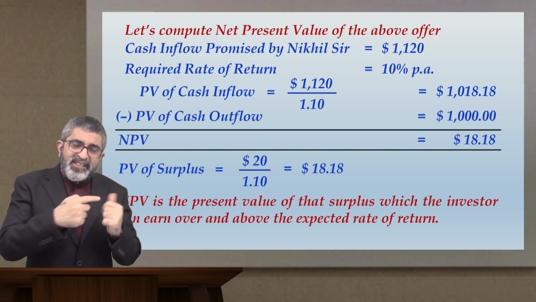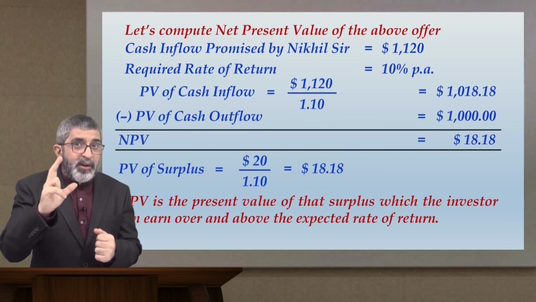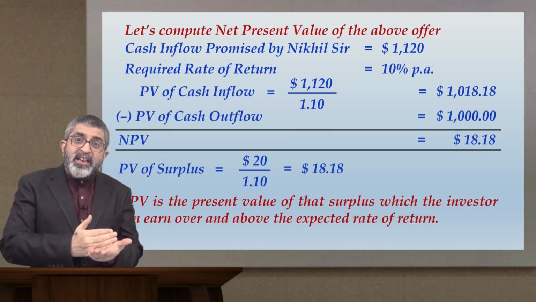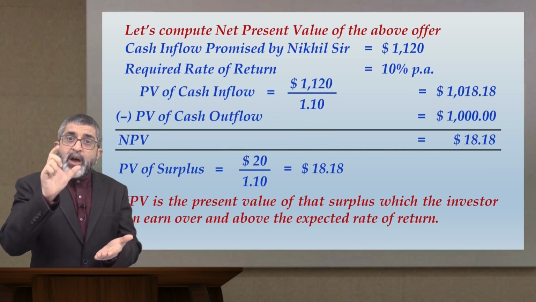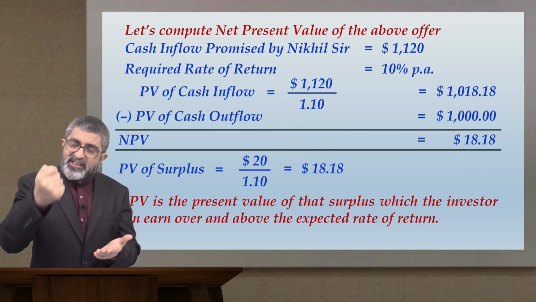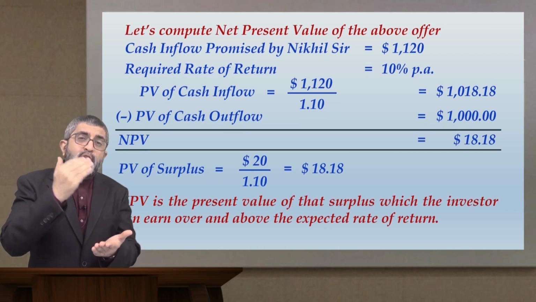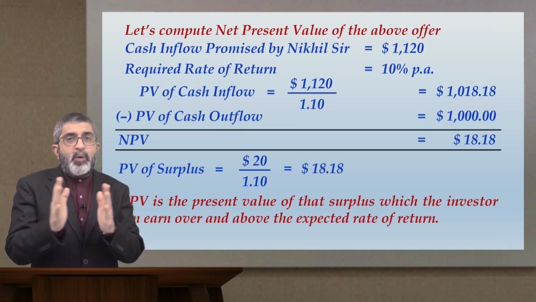So in this example, if the required rate of return for the investor is 10% and the investor is investing $1,000 now for 1 year, the minimum amount that the investor should expect to receive after 1 year will be $1,000 plus 10% return, that will be $1,100.